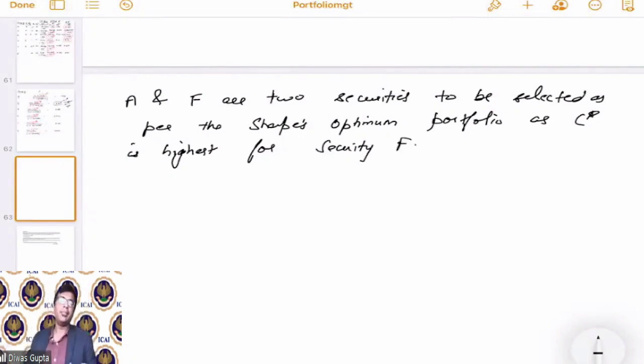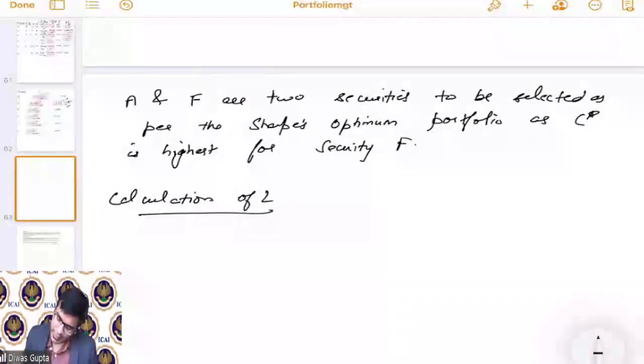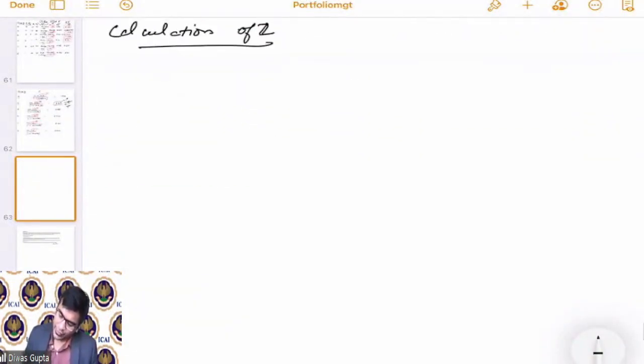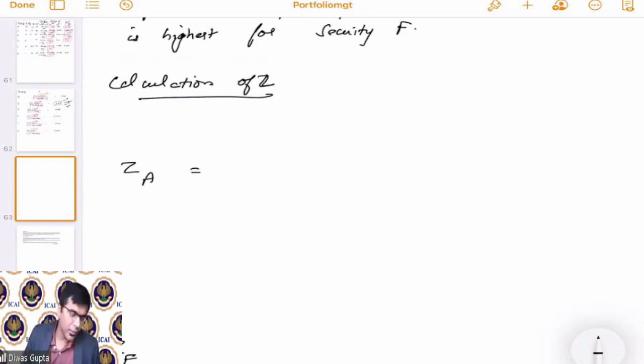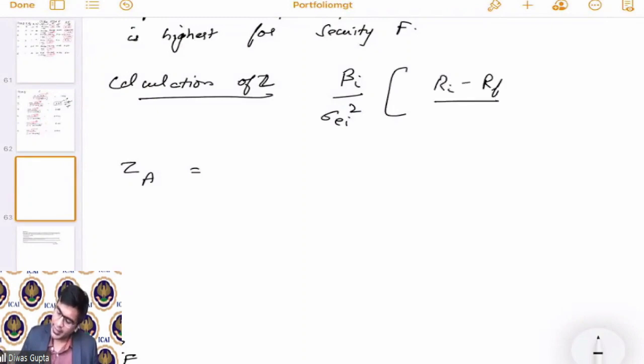Now we have to find the proportion. For finding proportion, we have to calculate Z. Now calculation of Z. Now Z for A and Z for F. So Z for A, the Z formula we have seen is Z is equal to beta divided by unsystematic risk variance, this whole multiplied by Ri minus Rf divided by beta i minus C star.